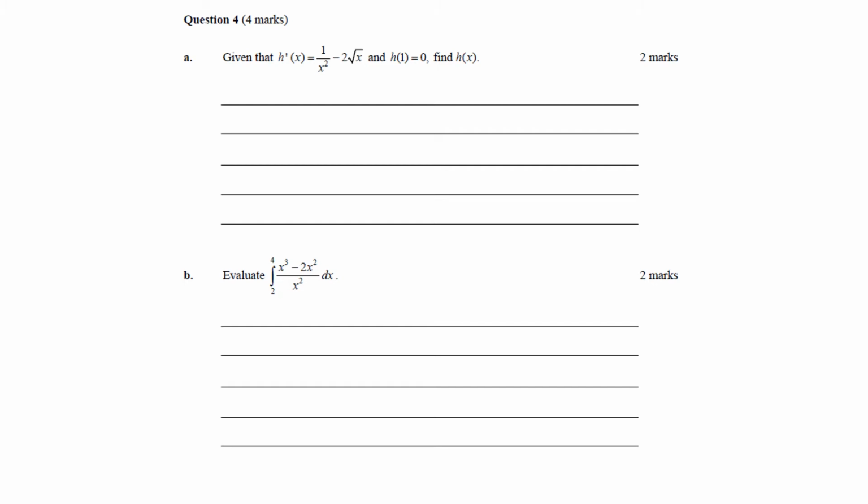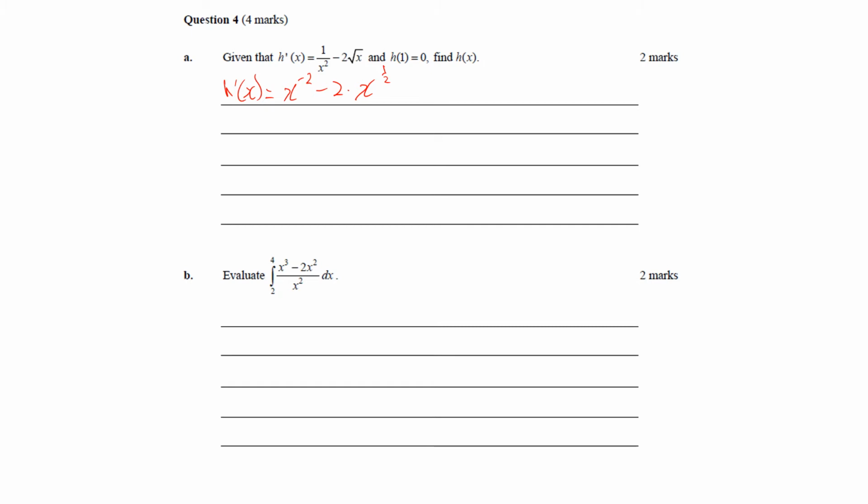Just like before though, anytime I'm doing any differentiation or integration, I want to make sure that I have all of my values with powers shown on the numerator. So I'm going to turn this into h dashed of x equal to x to the power of minus 2 minus 2 times x to the power of a half.